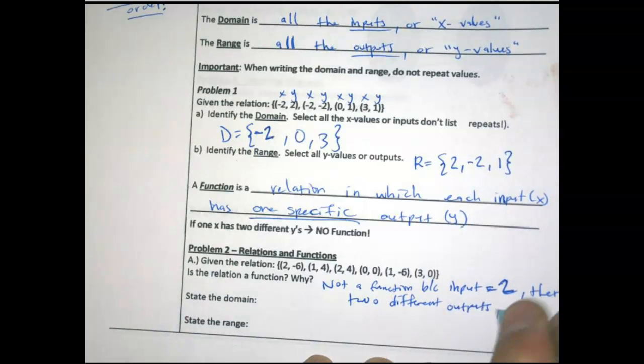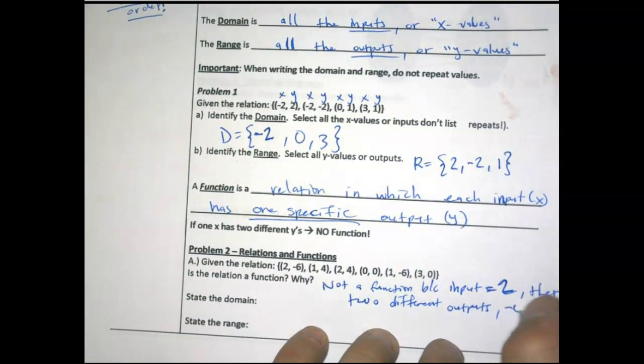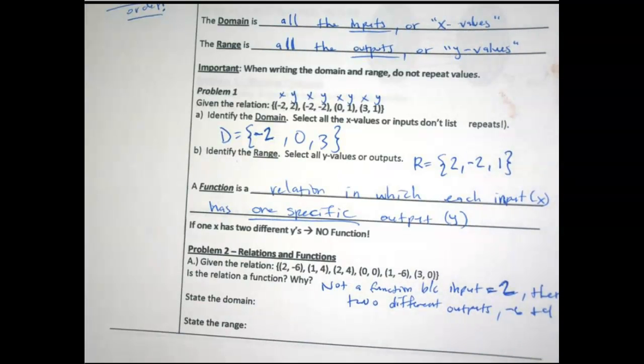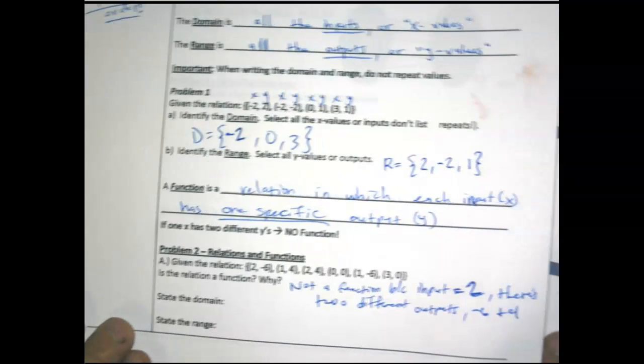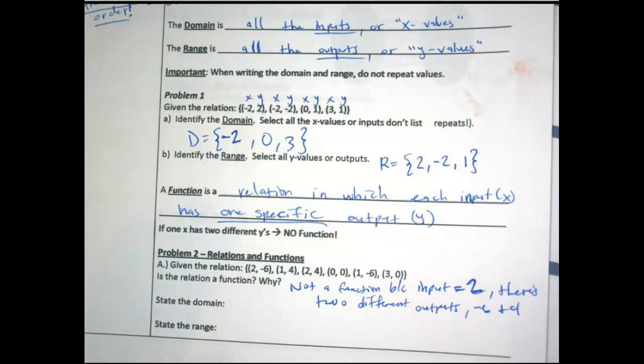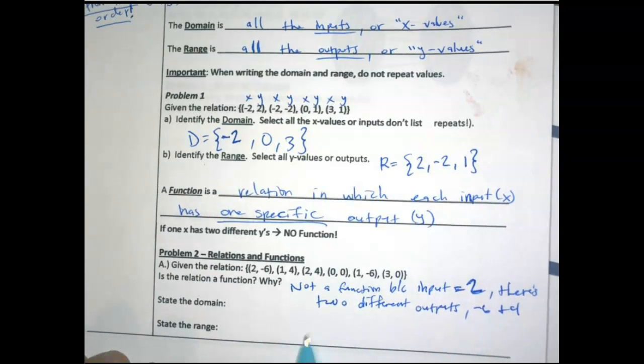Right, those are -6 and 4. Right, so that's what makes a function, you guys. What makes a function is each input has to have a specific output. If any one input ever has more than one output, it's not a function. So there's that. This one's not a function.